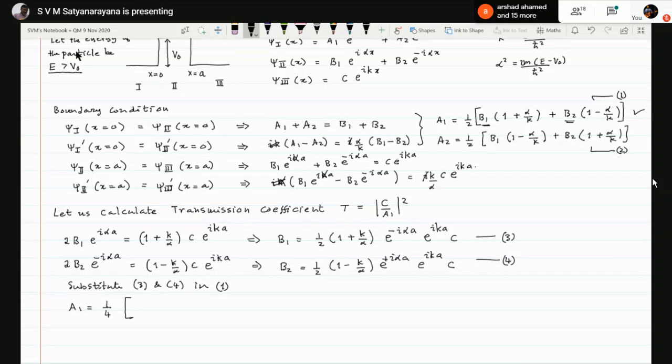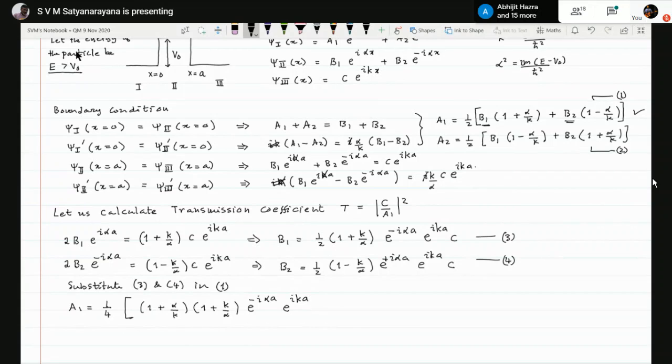So this is equal to 1 plus alpha by k into 1 plus k by alpha into e to the minus i alpha a into e to the power i k a.